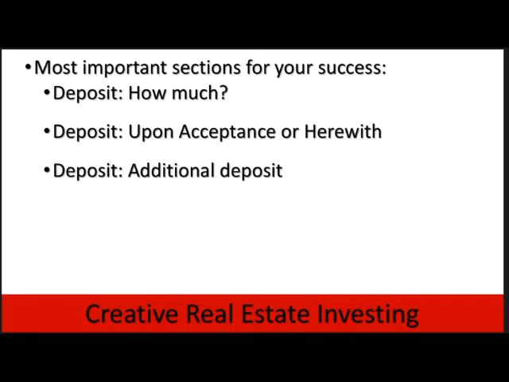Now, if they want a bigger deposit, say for example you give them a $1,000 deposit and they want a $5,000 deposit. So you've made the offer, you've made it for $1,000 upon acceptance. They counter your offer with price and other terms. One of the things that they counter, though, is that they want a bigger deposit.